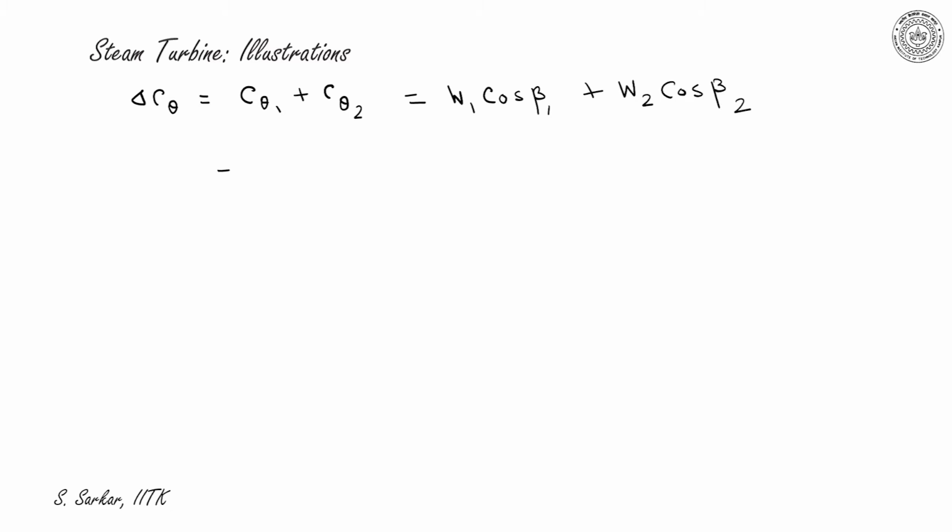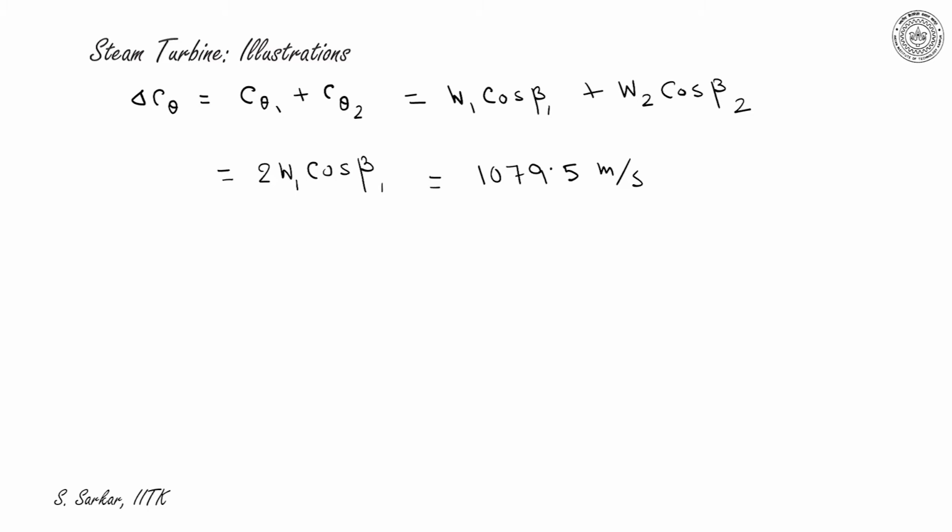This must be equal to twice W1 cos beta 1, W1 and W2 being the same, and beta 1 and beta 2 being the same. So if you calculate this, you will get 1079.5 meter per second. Thus, I have evaluated del C theta, which is C theta 1 plus C theta 2.